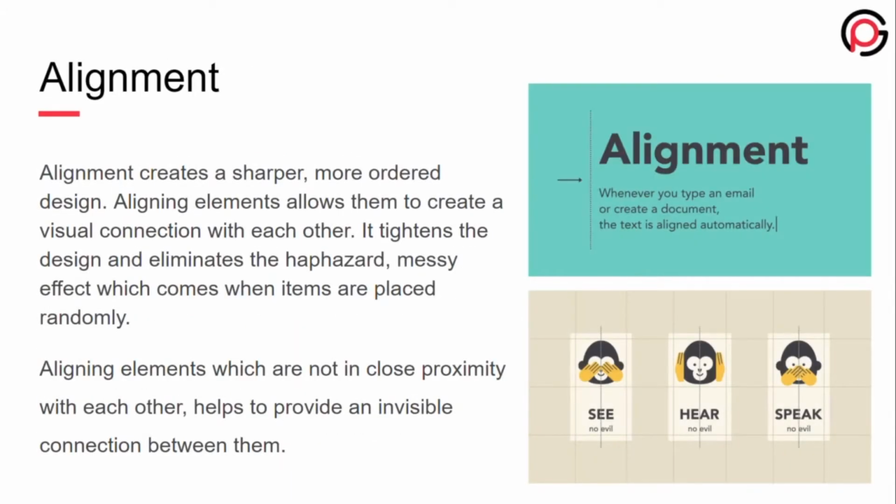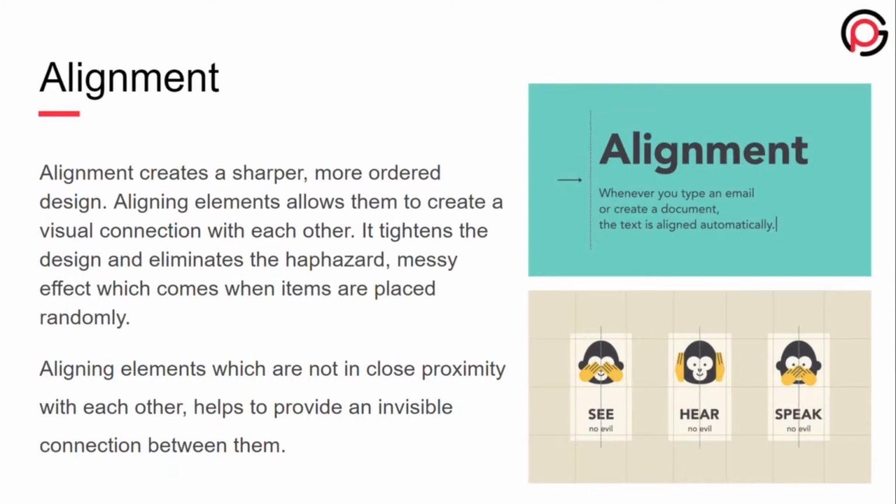The third principle is alignment. We mainly have 3 types of alignments: left alignment, right alignment and the center one. We also have other types, but these are the primary alignments that we use in layouts. As we know, left alignment aligns the text or images on the left side, similarly right alignment aligns on the right side and the center alignment aligns at the center.